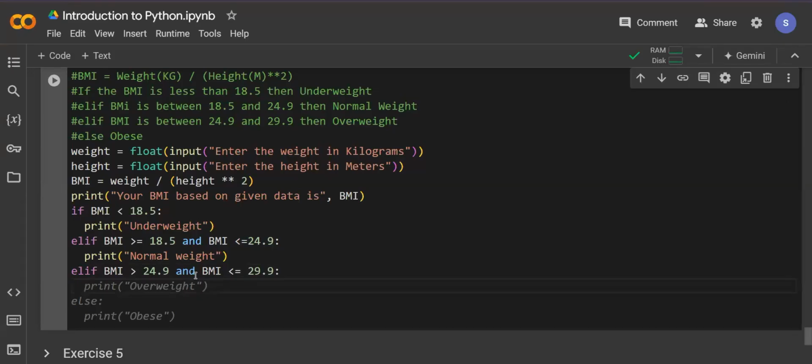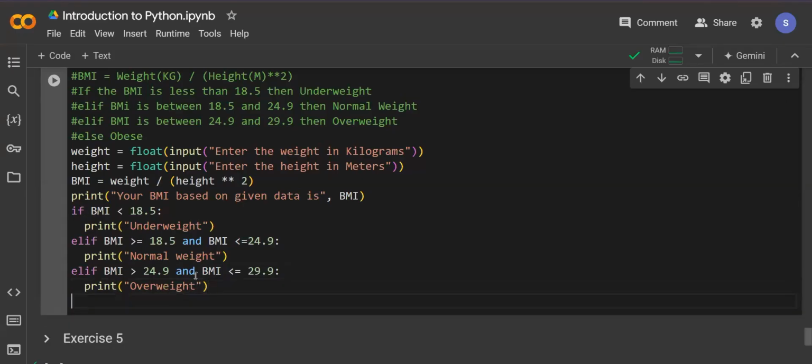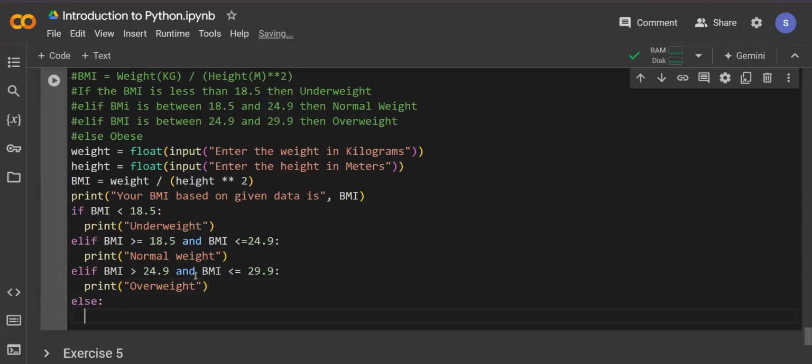Let's print the value as overweight. And what is the else part? Else it is obese. Correct? Very simple. If you understand the logic, it is very simple to solve all the problems.